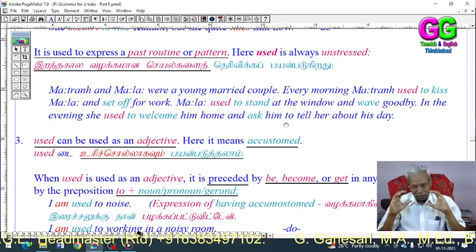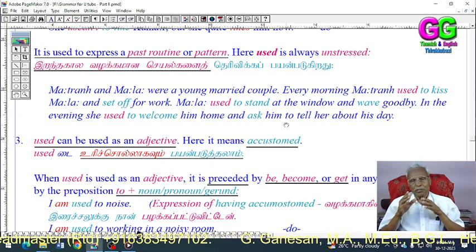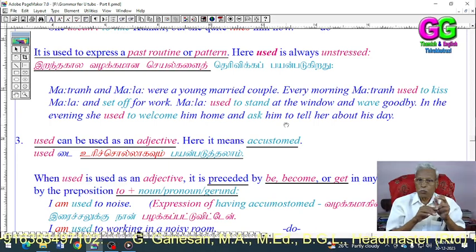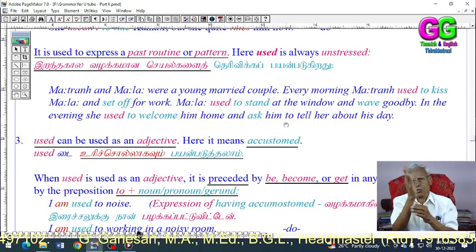Dear students, in this passage it is told that Moran and Mala were a married couple.